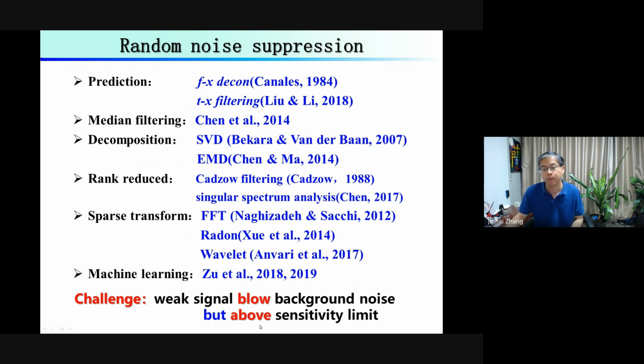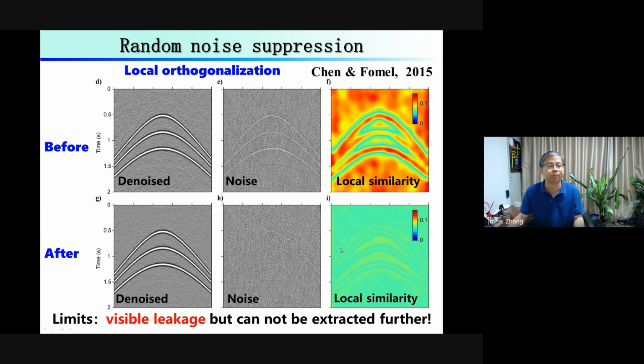Also, we know that the sensitivity is limited because any payload has a limitation on its sensitivity. After the payload has been launched, we can't improve the limit. Anyway, we still have some chances to detect very weak signals that are above the sensitivity limit. This is our main point.